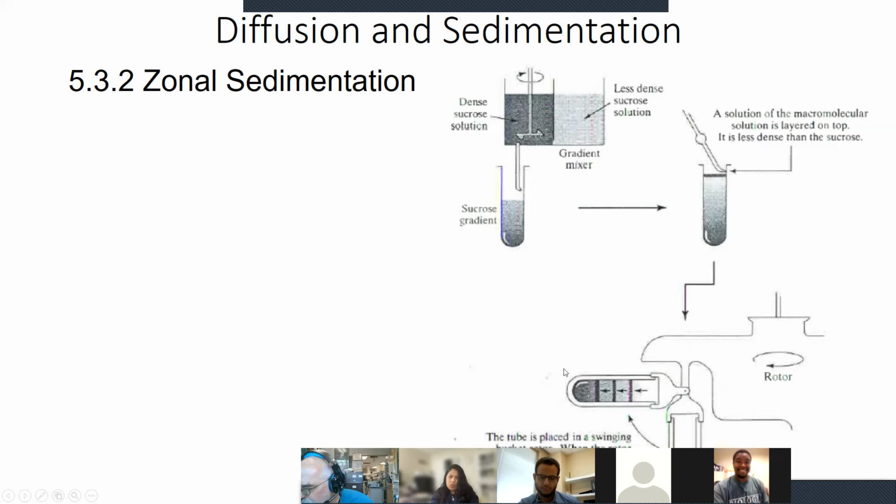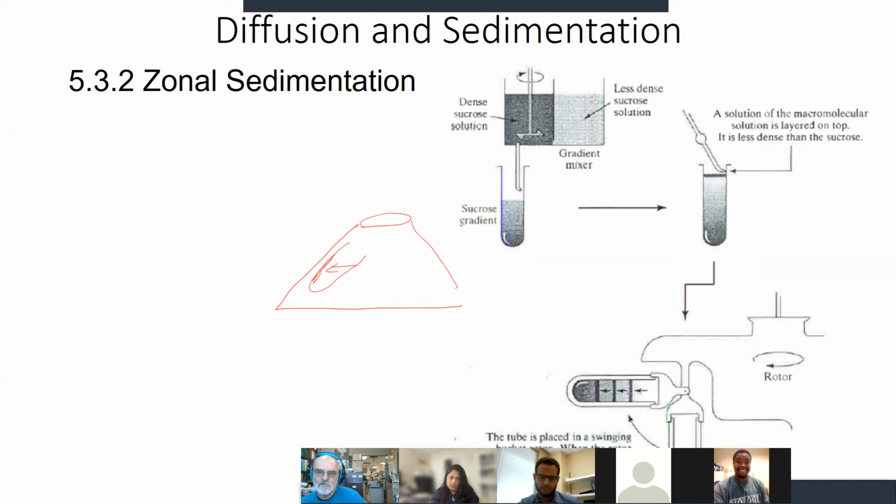If you were doing some kind of a fixed angle rotor, it might look like this. The tubes would look like this. The force would be that way. And so things would actually run down the wall. This way, they just run smoothly through the gradient. And then you get boundaries that align with the S values, how far they've sedimented.